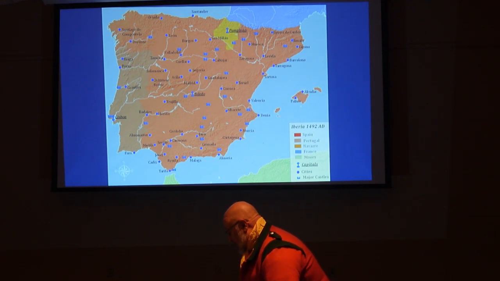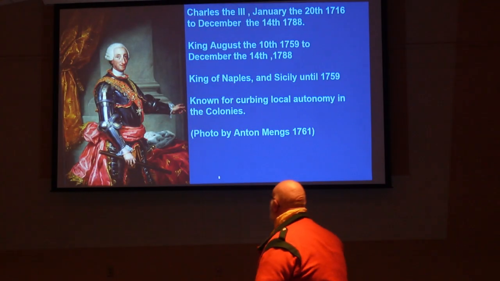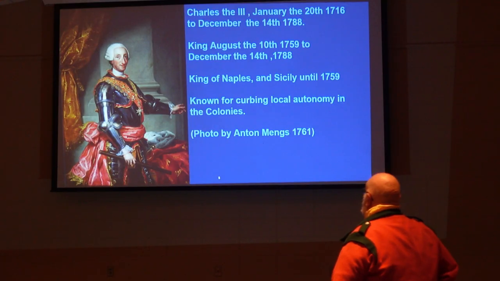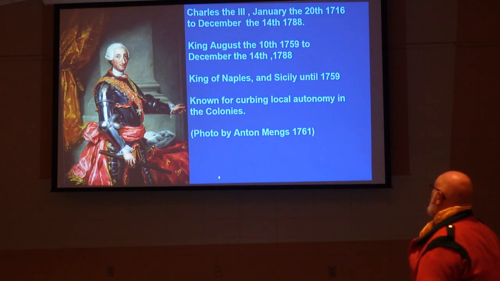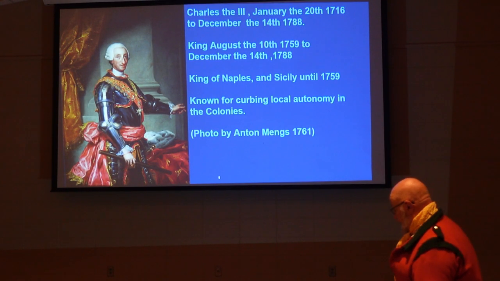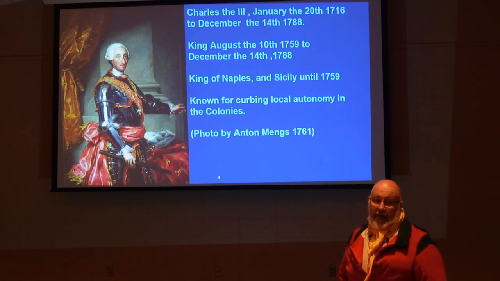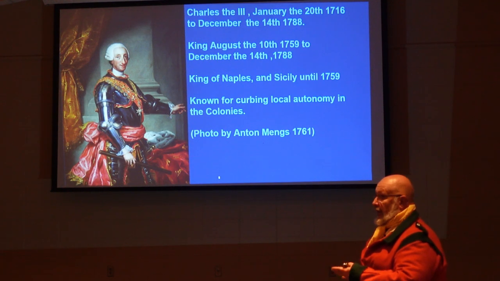So, let's move on to Spanish leadership. During the American Revolution, it was Charles III, who lived from 1716 to 1788. He was king from August 1759 to December 14, 1788. He originally was a king of Naples and Sicily, which was controlled by the Spanish royal family, in Italy.